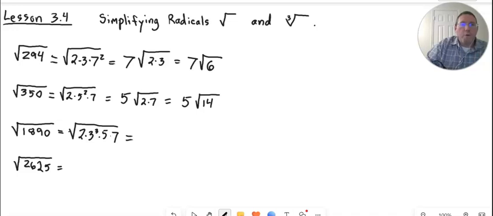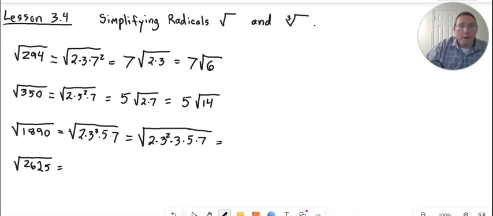Now I showed you this before. This 3 cubed has to be separated. So we're going to go the square root of 2 times 3 squared times the third 3, times 5 times 7. Now the 3 squared, the 3 can come out.